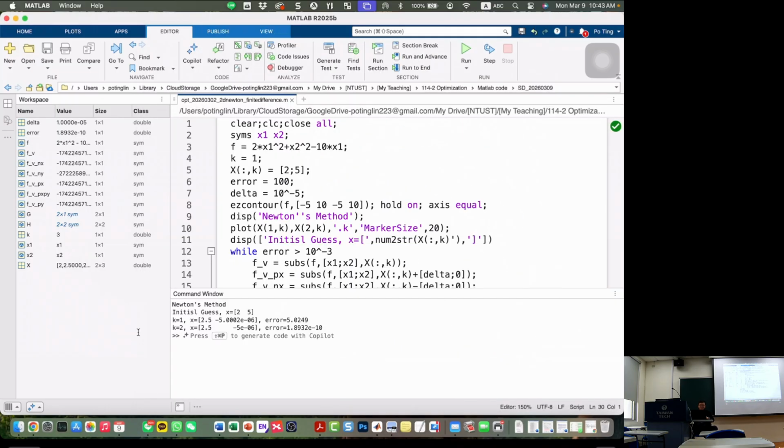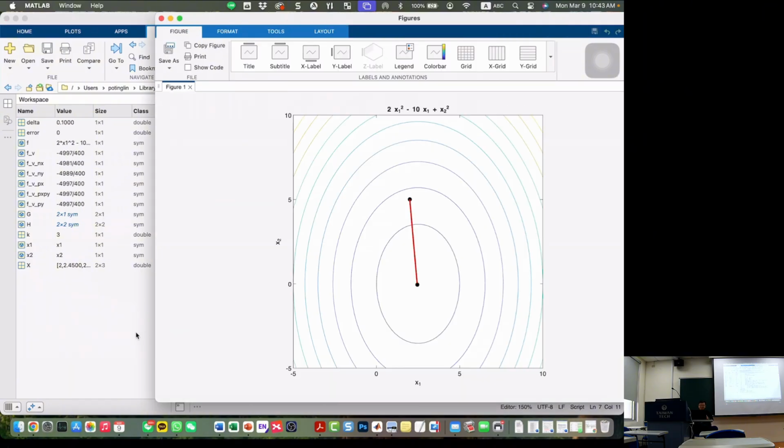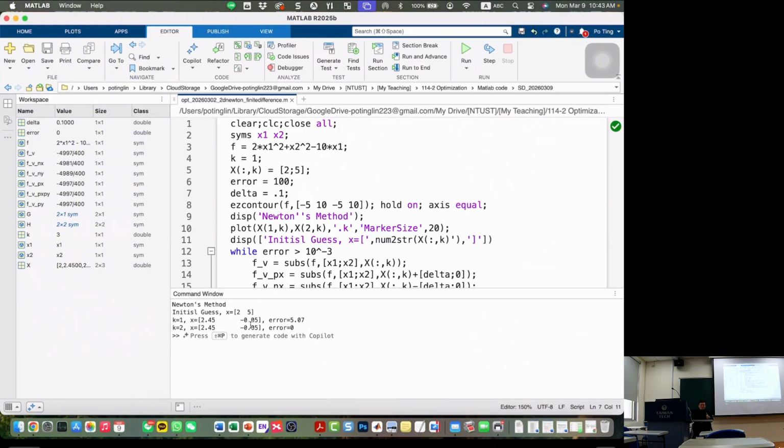How about a very inaccurate delta? Let's say 0.1. So my gradient would be slightly inaccurate. Still, you get a solution right away, because the problem is too simple. Maybe I try to make it more nonlinear, so it won't be so easy to solve.